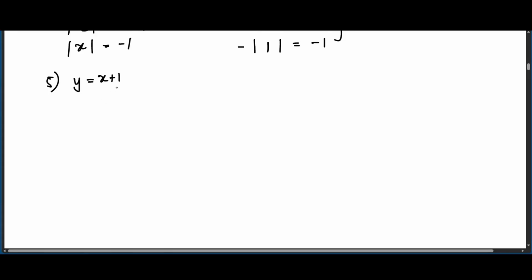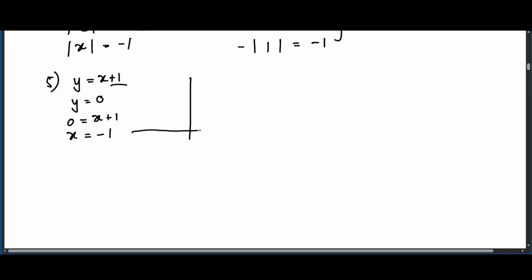So this is the y-intercept, and let's find the x-intercept. To find the x-intercept, I need to let y equal 0. So y is 0, x plus 1, x would be equal to negative 1. So that's the x-intercept. So let's sketch the graph.